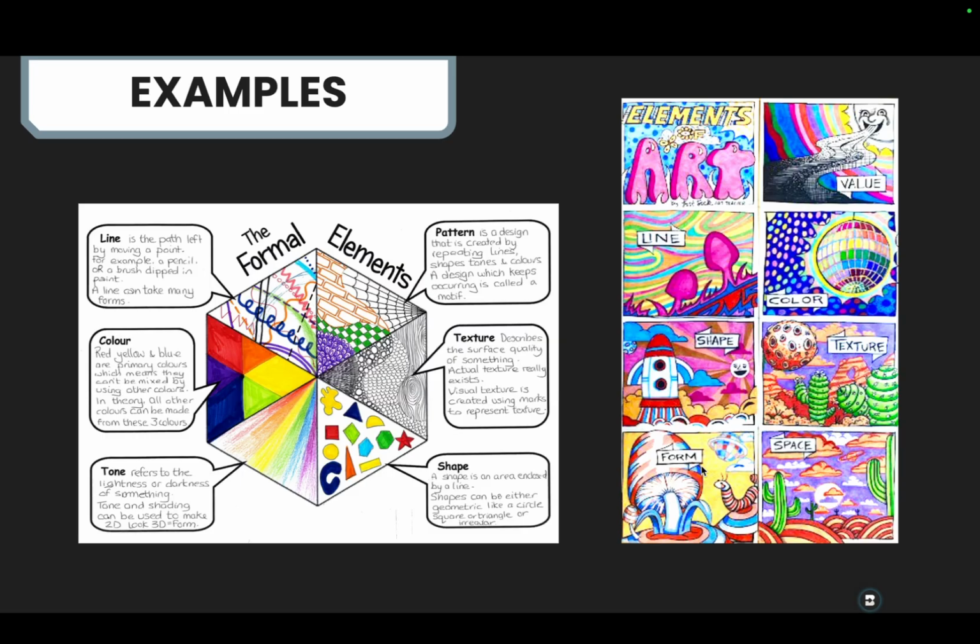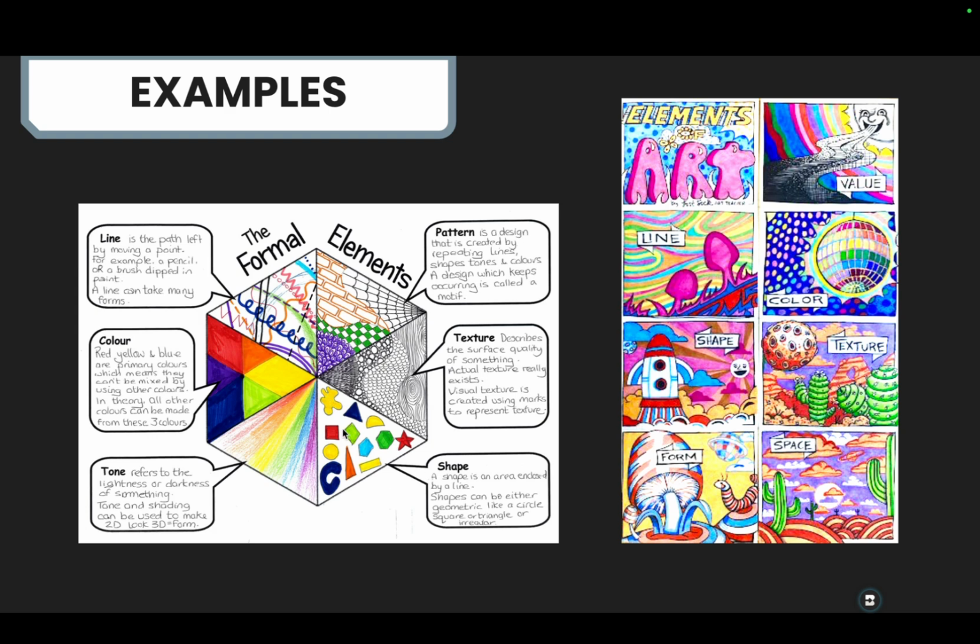I'm just going to show you some different examples. Here is one that's kind of like a square shape that somebody did. Obviously, we're working within a circle, so this is a little different, but here are some different ways to think about how to illustrate these ideas. When we talk about texture, this person just did a bunch of different textures all together.